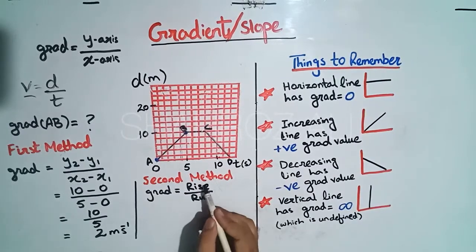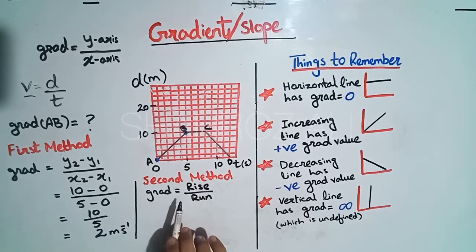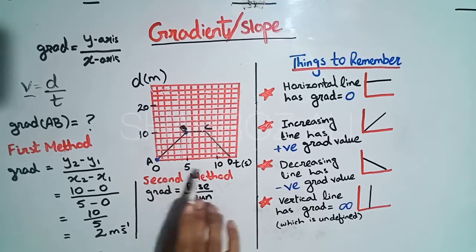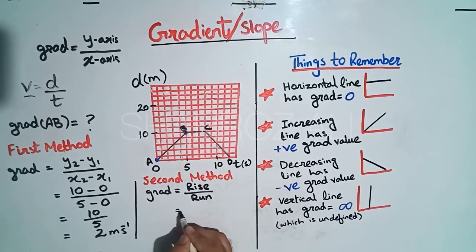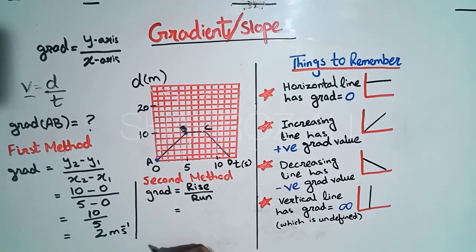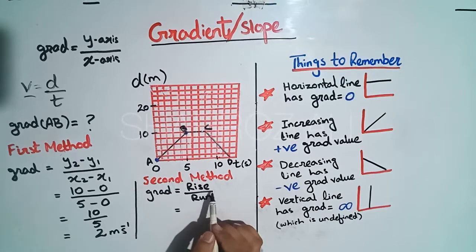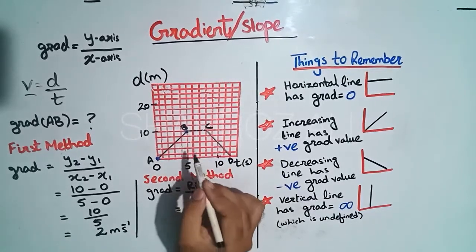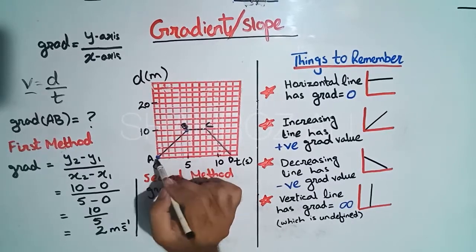Now what is the meaning of rise and run? Rise means you take the value from the y-axis, and run means you take the value from the horizontal axis, the x-axis. The method is that if you are taking the gradient of line AB, you have to consider a triangle, like this one.